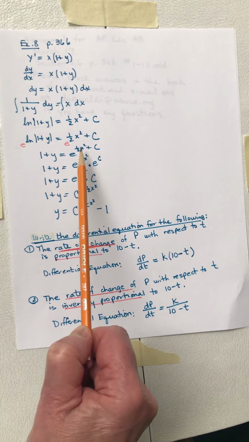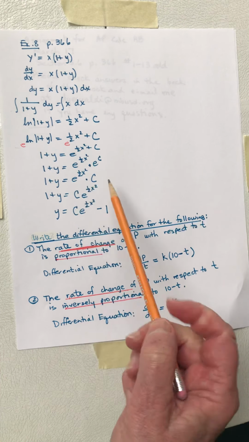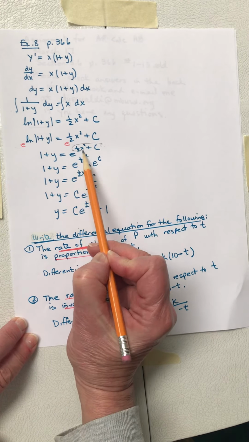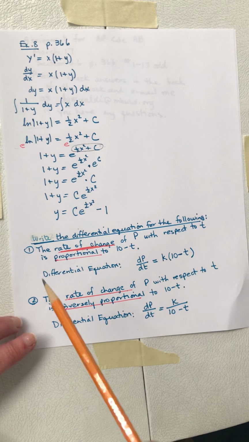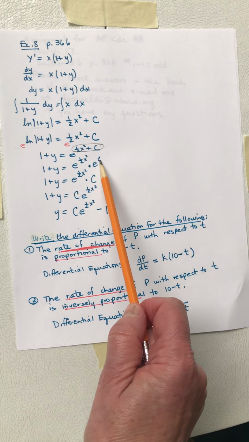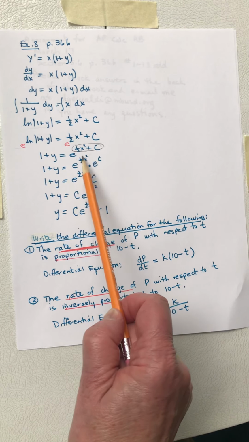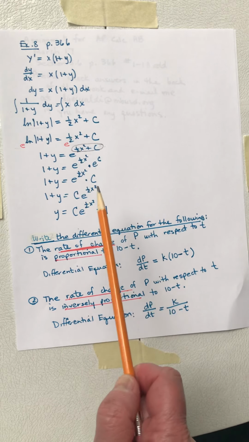And then what do I have on this side? e to the 1/2 x squared plus c. This is the entire exponent right there. And then I break that up into e to the 1/2 x squared times e to the c, because remember when we multiply and bases are the same, we add the exponents, and that would give us this back.